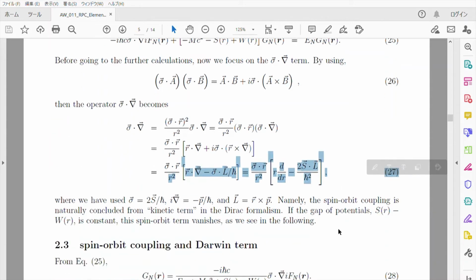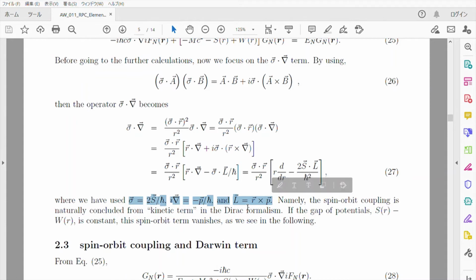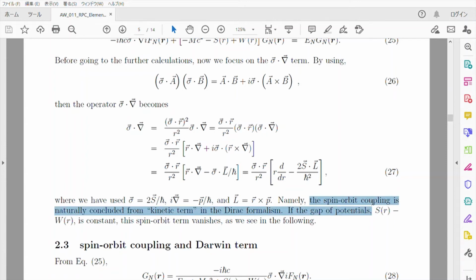Here we have used the well-known convention for spin angular momentum and orbital angular momentum. Namely, we already found that the spin-orbit coupling is naturally concluded from this kinetic term in the Dirac equation. However, as we will see later, if the gap of potential, that is S(r) minus W(r), is constant, this spin-orbit term vanishes.